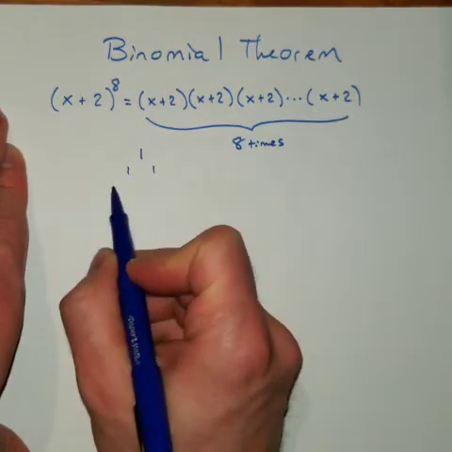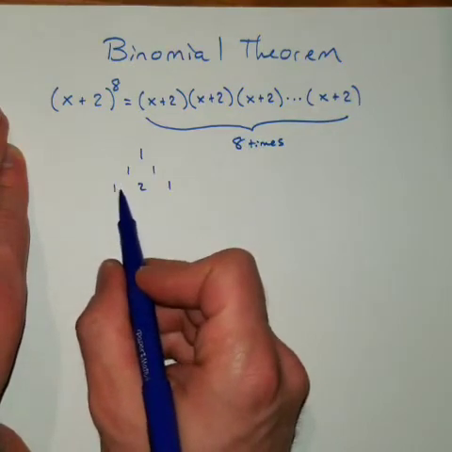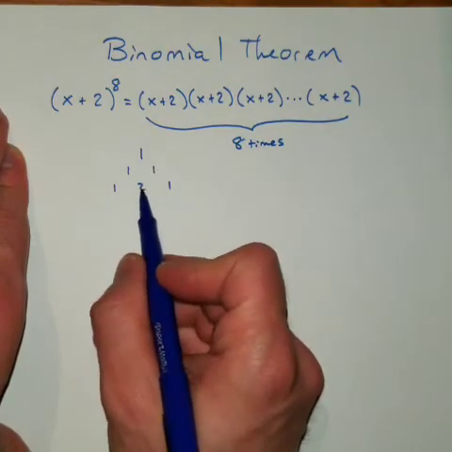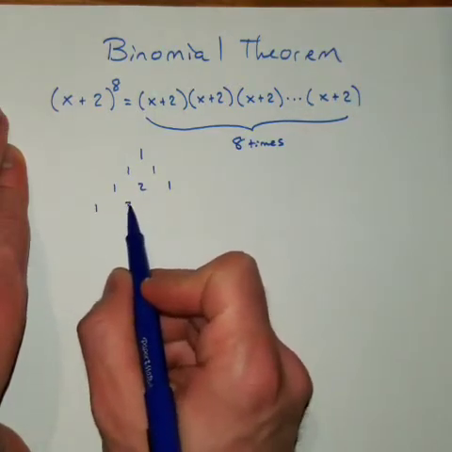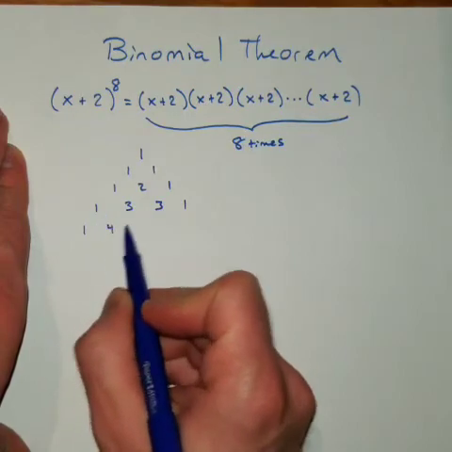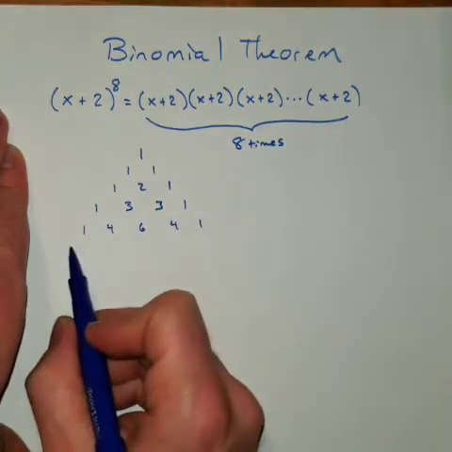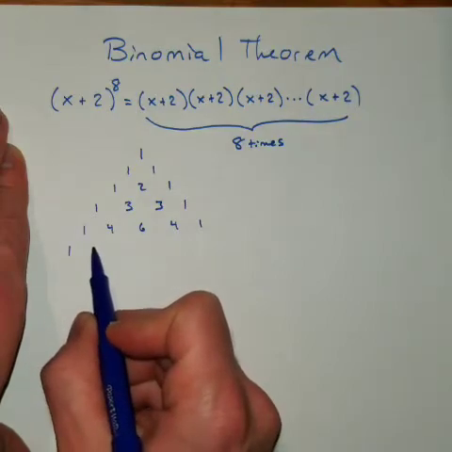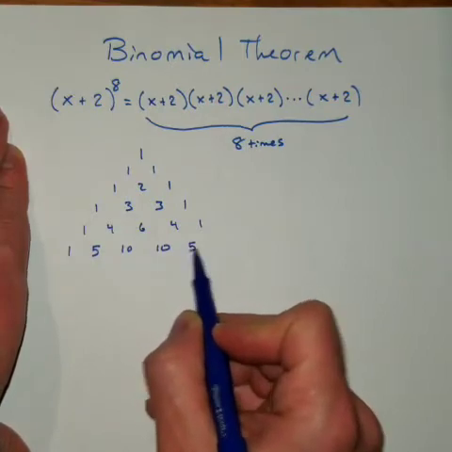1, 1, 1. 1, 2, 1. Again, in the Pascal triangle, you're adding the two numbers above to get the next number. So 1, 3, 3, 1, 1, 4, 6, 4, 1, 1, 5, 10, 10, 5, 1.